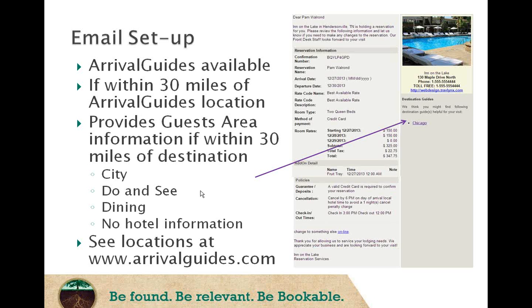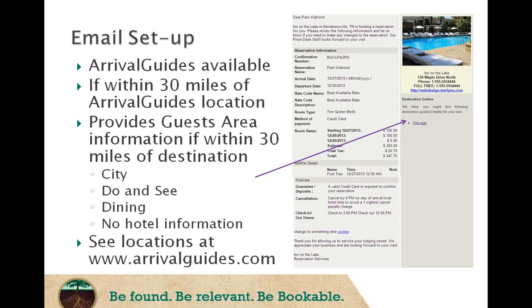Arrival guides are available if you are within 30 miles of an arrival guide location, and it provides guests with information about your area and the things around your hotel to do. Some about the city and to do and see, and dining.